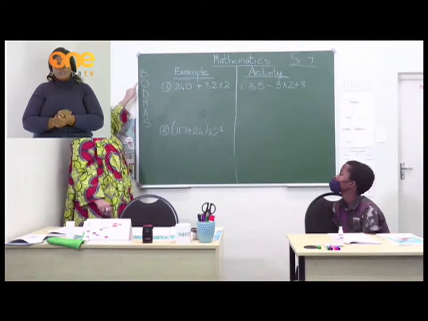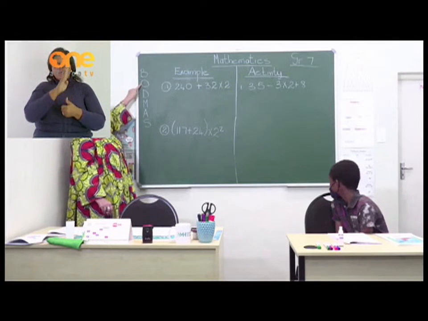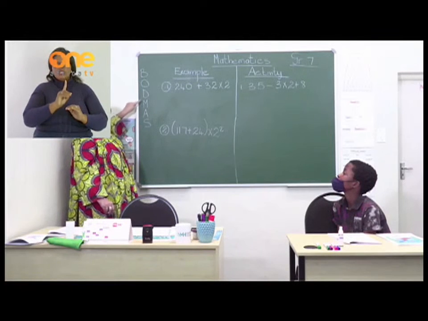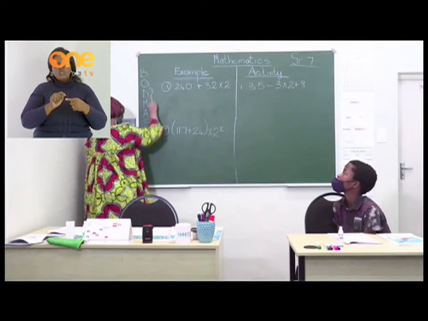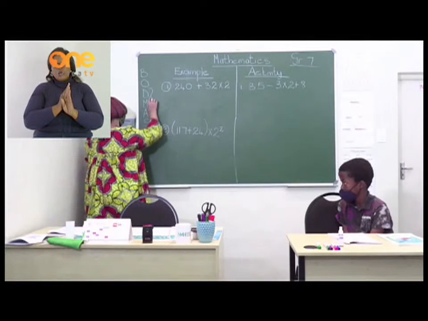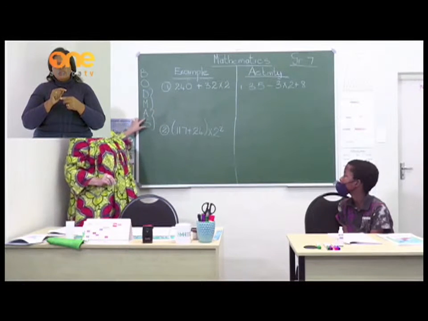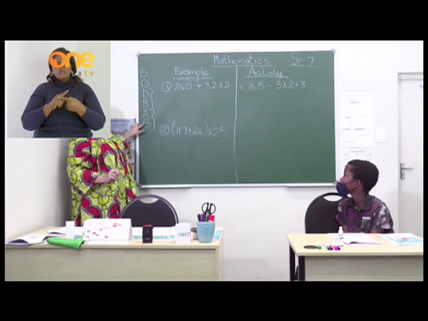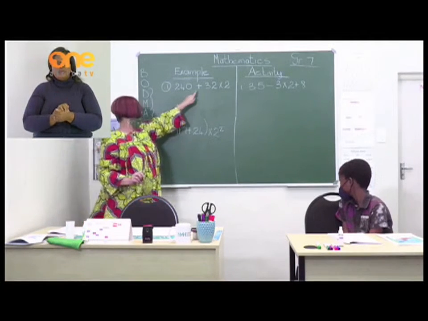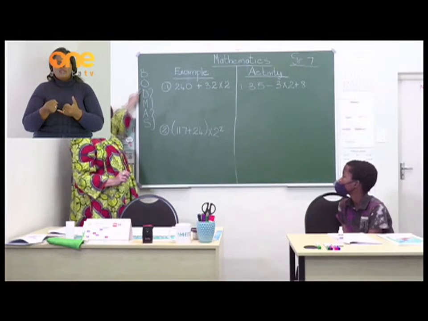According to BODMAS, remember, B for brackets, O for of, D and M in order from left to right, division and multiplication, as well as addition and subtraction, work from left to right. In this sum, I have addition and multiplication. So what will we do first?